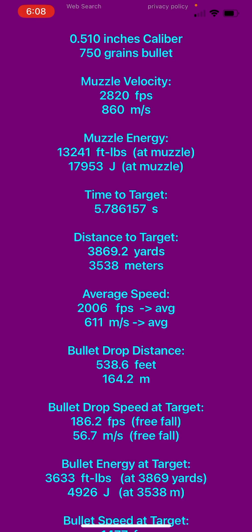In the United States, we usually use yards, but a lot of firearms that are foreign come specifying measurements in meters. So the beauty of BulletCalc3 is that we don't just give you choices, we give you both.